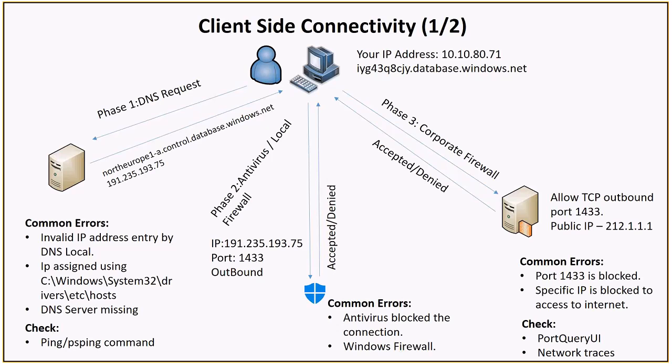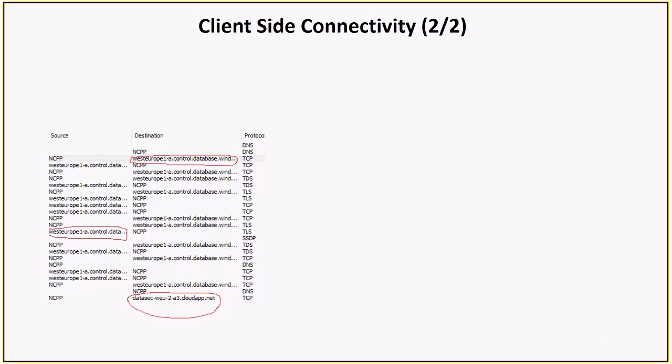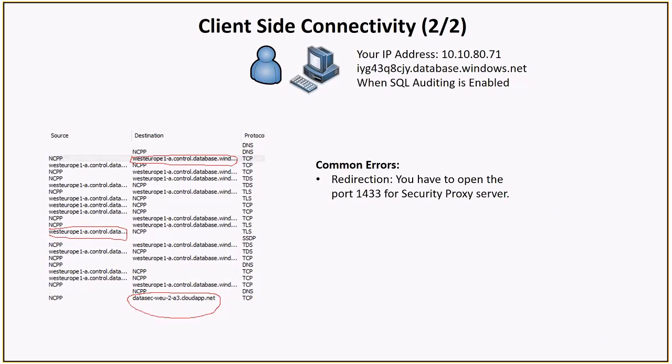Thank you, Ragda. Another specific situation that we could face is when we have enabled SQL auditing. Please be aware that we need to open the corporate firewall first to the IP address of the West Europe or North Europe data center, and also to the proxy server that we have for SQL auditing.